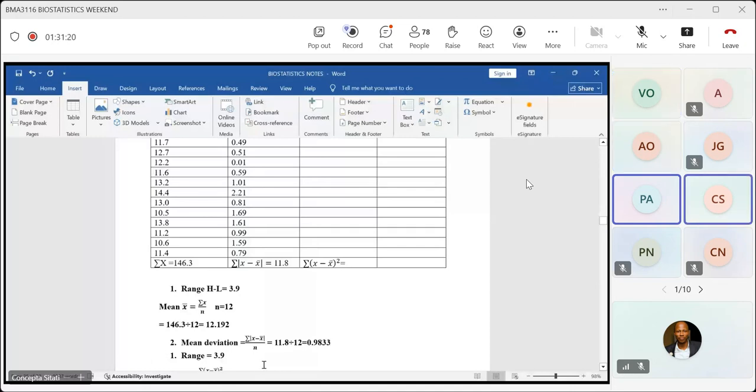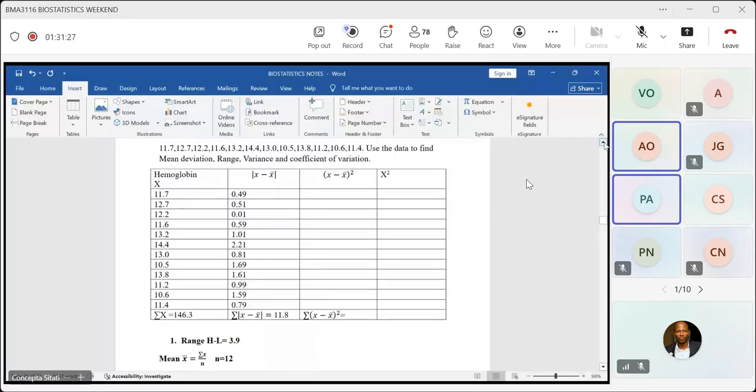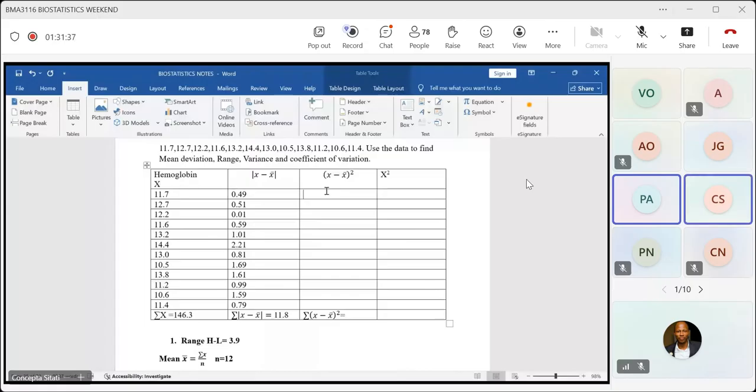So next, we work out the next column. Have we worked out the next column? The next one is squaring. Do we square the deviations or we square the x?